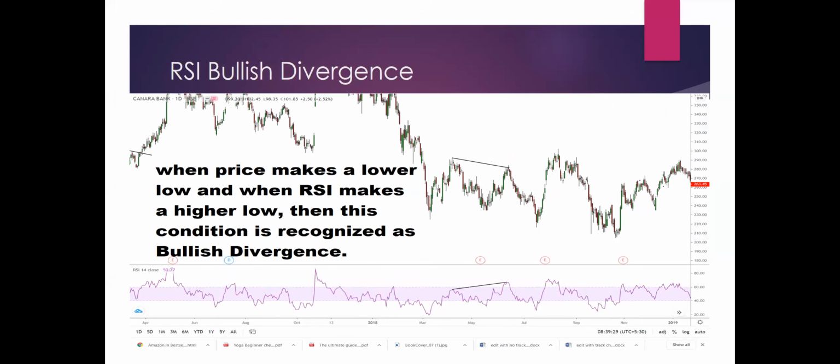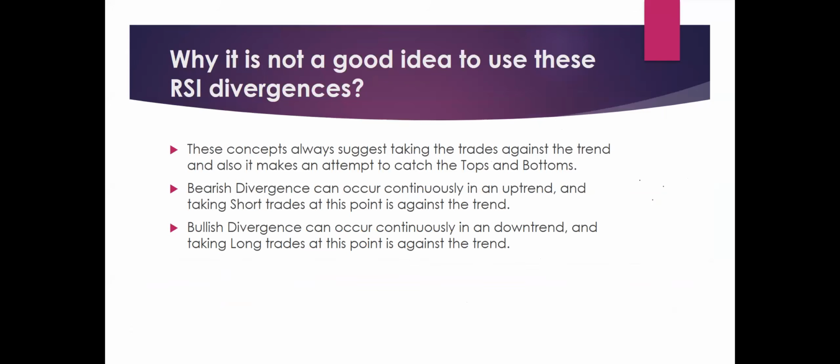Similarly, we can see RSI bullish divergence. When price makes a lower low, but RSI makes a higher low, they think it is bullish divergence, and traditional traders say it is a good idea to take a long trade in this case. So this is the traditional definition of RSI bearish divergence and RSI bullish divergence.